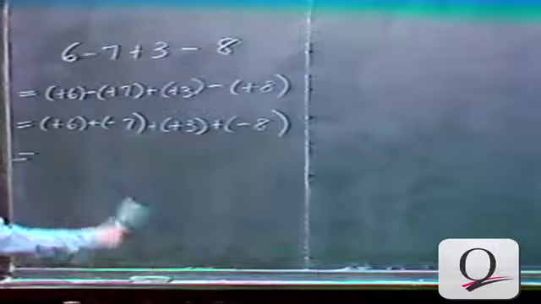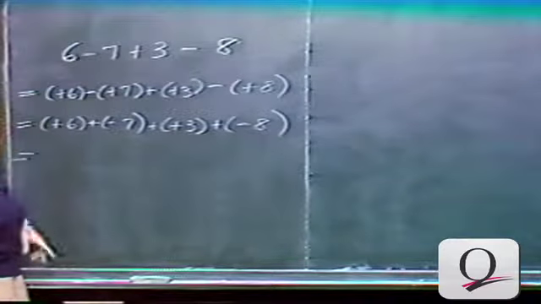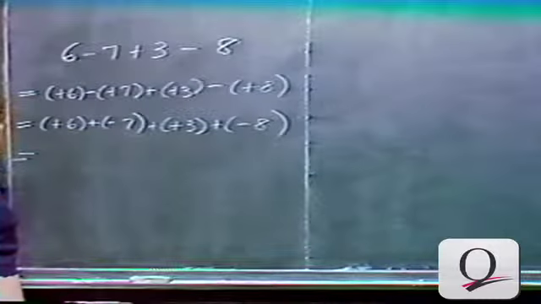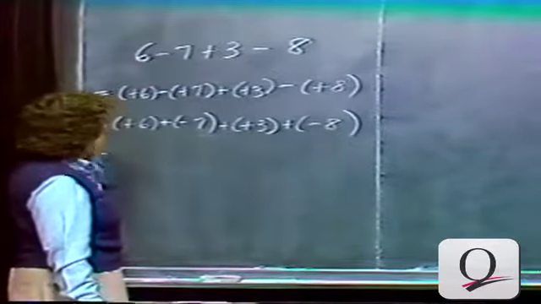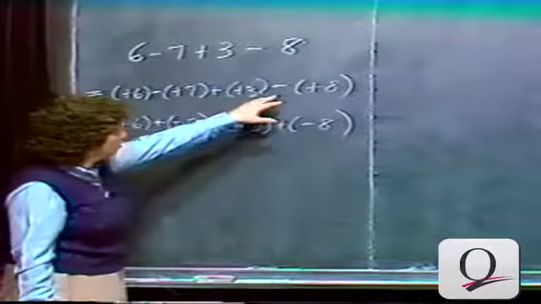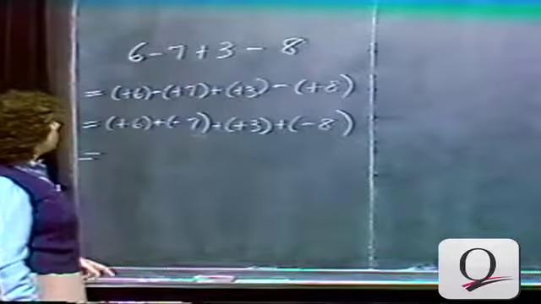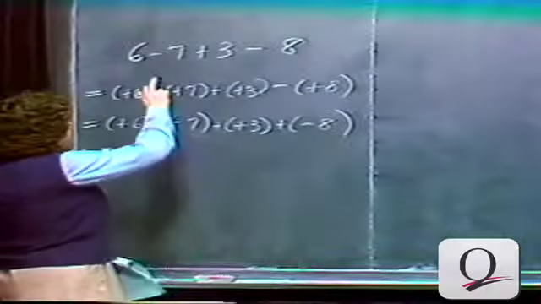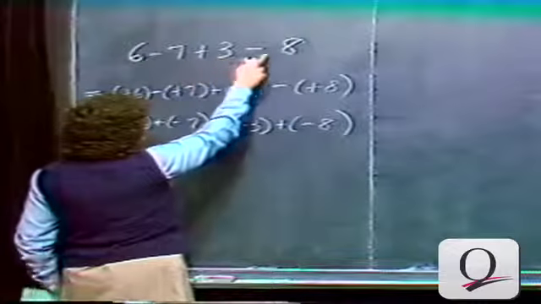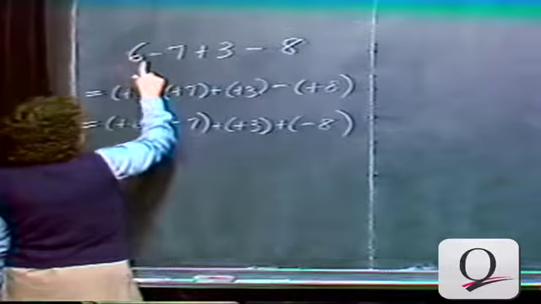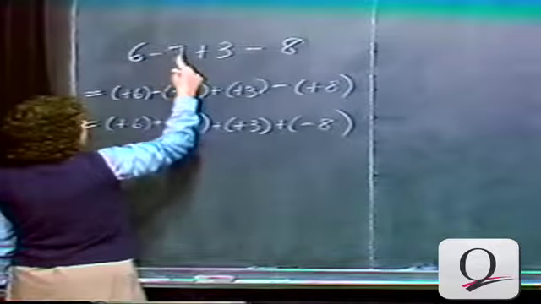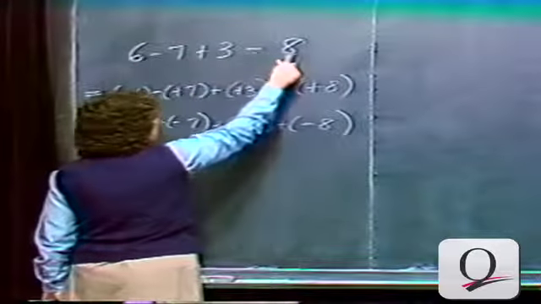Looking at it at this point makes us realize there's really another way of interpreting the problem. What I had said before is that every time we see a number without a sign, we can think of it as a plus, which is true. Another way of looking at this, however, is that what we see here are really the signs of the numbers, and it's all addition. In other words, it's a plus 6 and a minus 7 and a plus 3 and a minus 8.